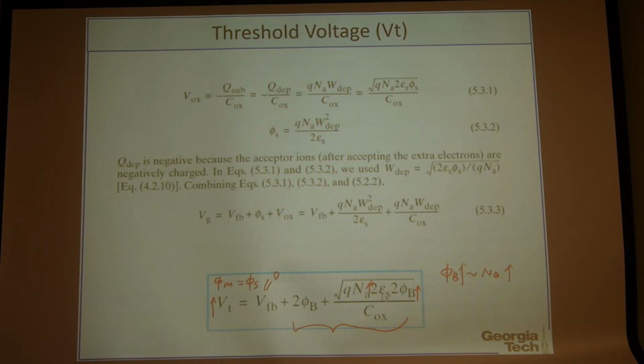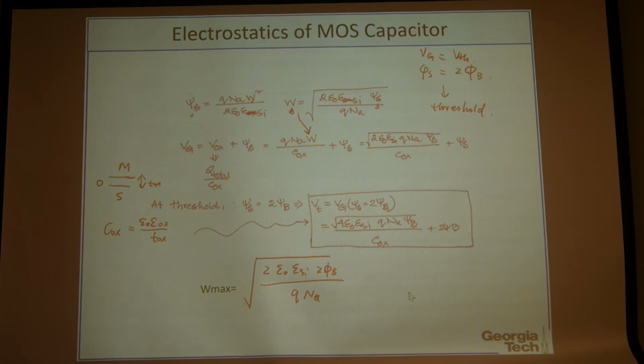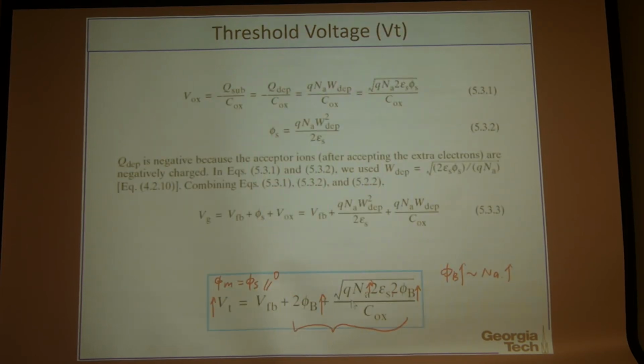And other parameters like epsilon, this is epsilon silicon, those are constant values. Q is the charge quantity, so what matters here is the doping density. Higher doping density, larger threshold.